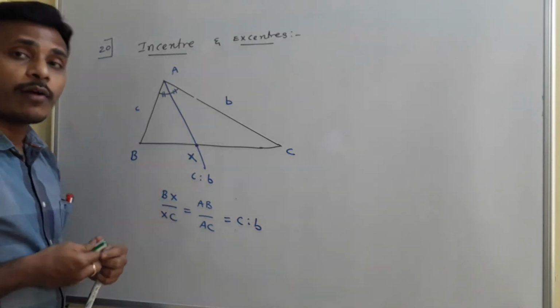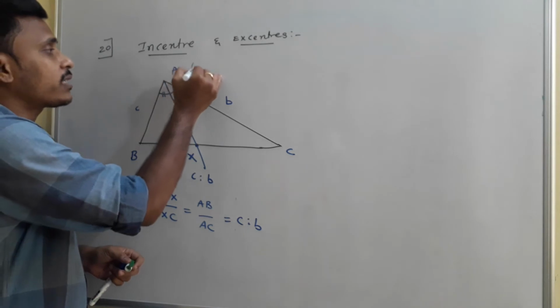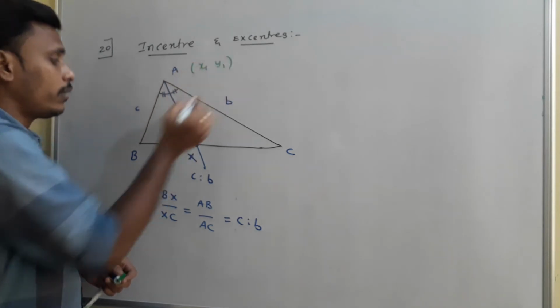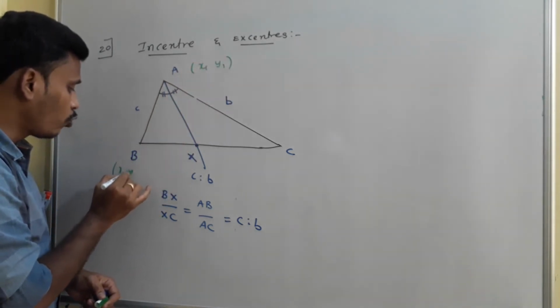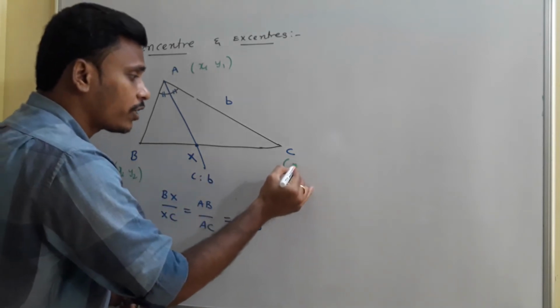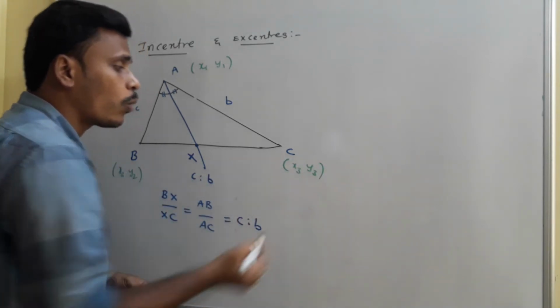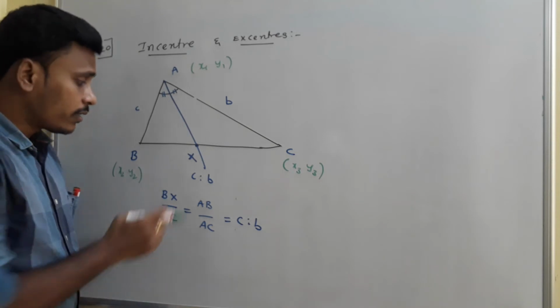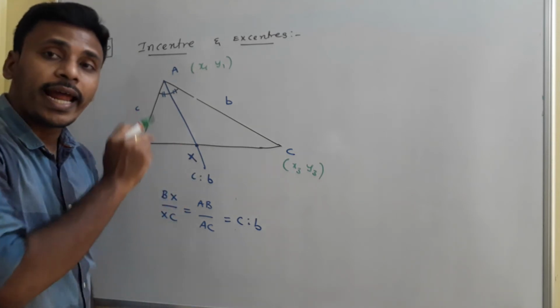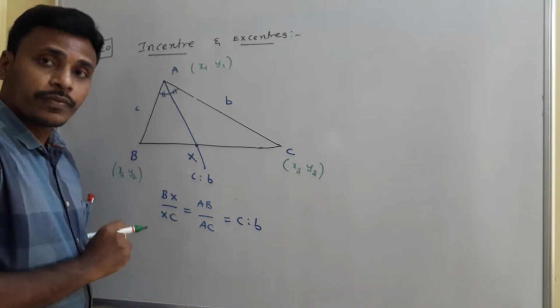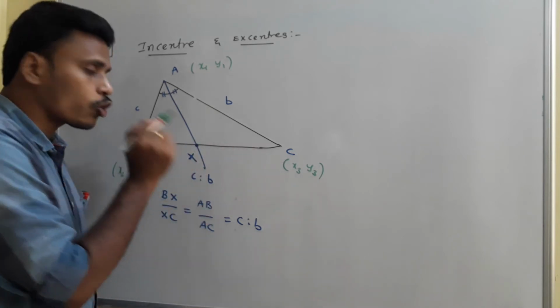First, suppose you have the vertices of the triangle as A(x1, y1), B(x2, y2), C(x3, y3). Then you can identify the coordinates of X, since it is dividing BC in the ratio c is to b.